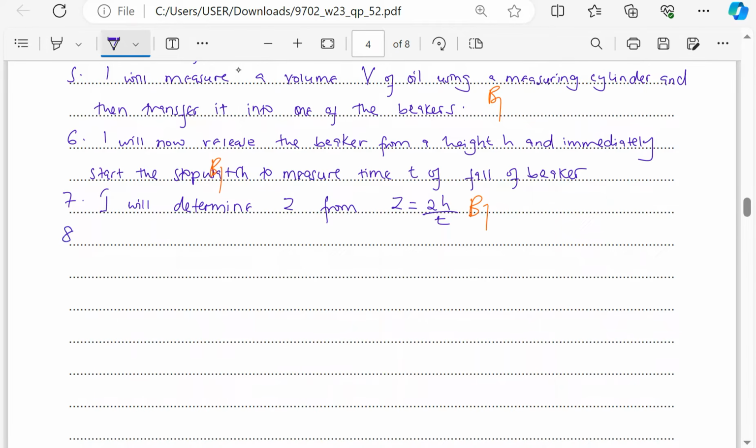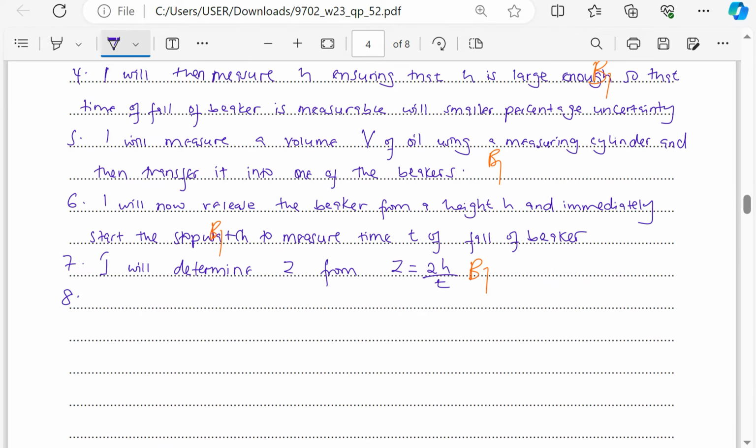So step number 8, I'll repeat measurements. Remember, when you are measuring time using a stopwatch, you must repeat measurements and take the average. I think I should repeat step 6.